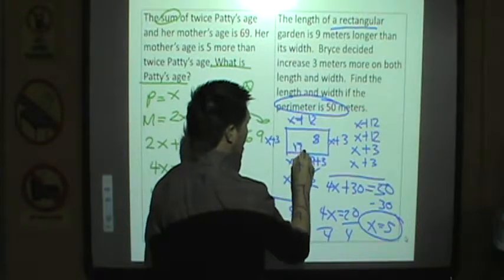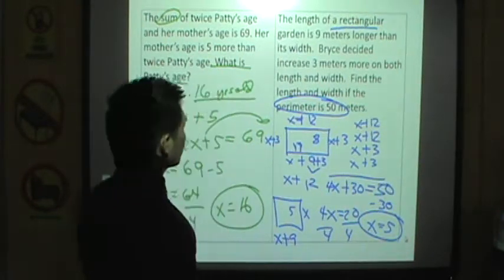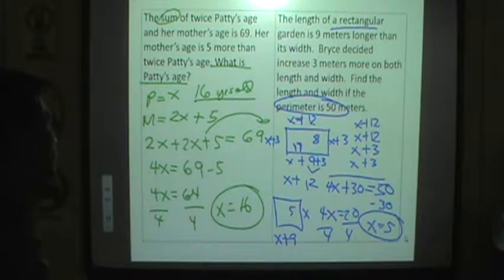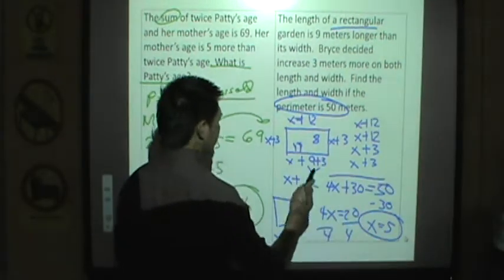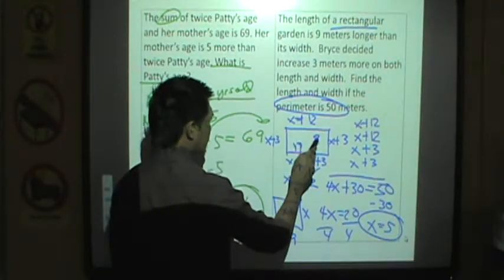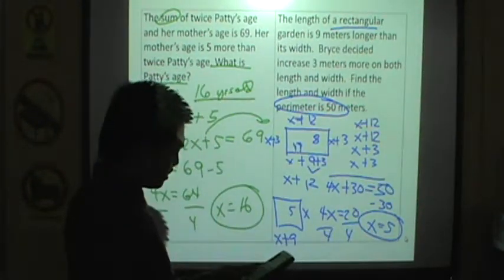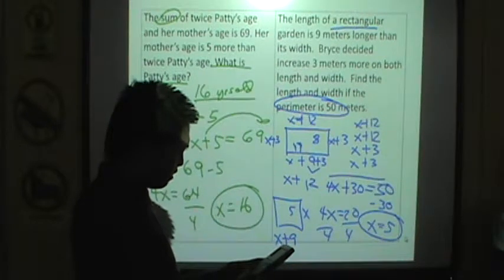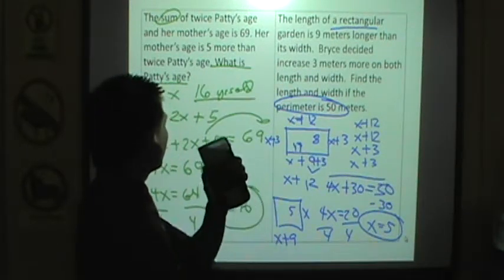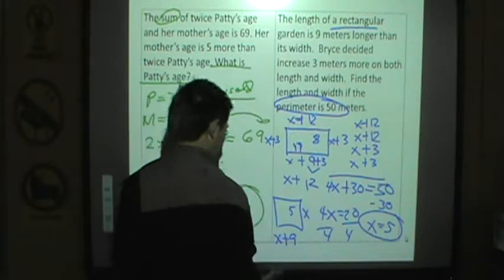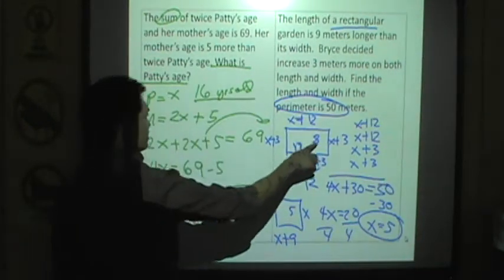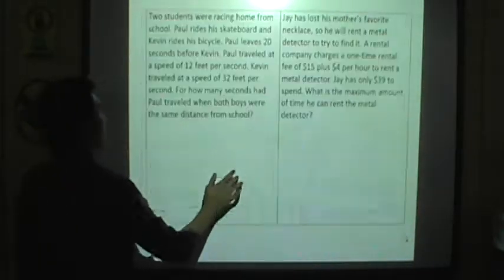There you go, 17. That's right. But really, if you double check it, 17 plus 17 plus 8 plus 8, yes, we are getting 50 meters. So the width is 8, the length is 17.